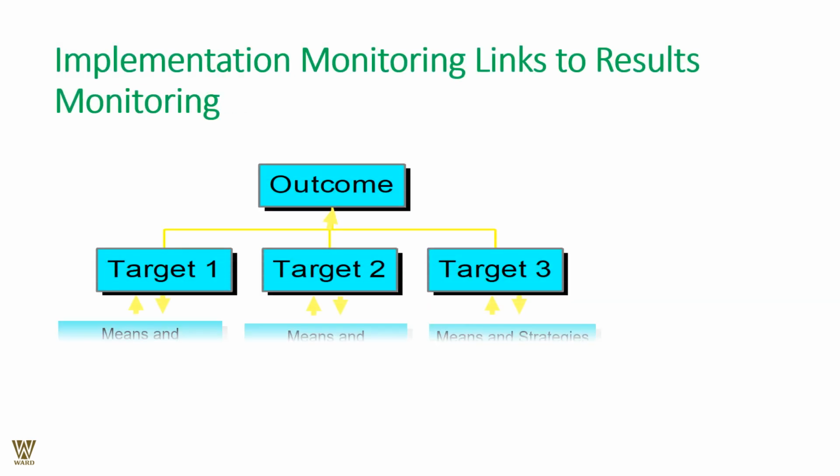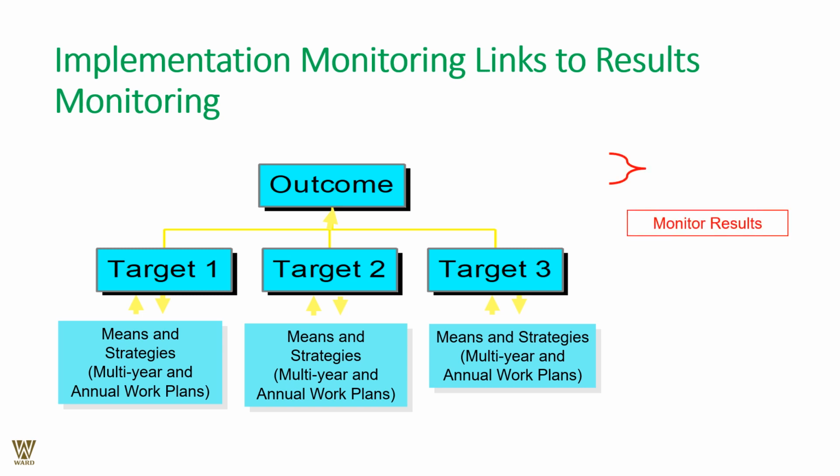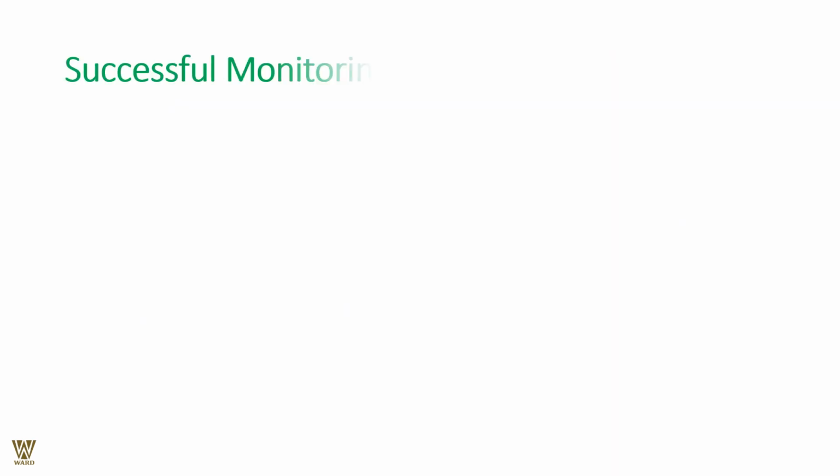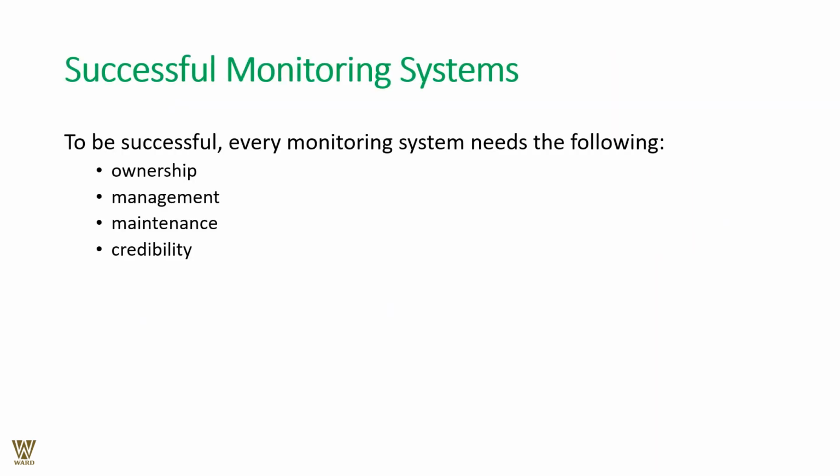So outcomes, how do we go around it? Target one, target two, target three. The means and strategy for multi-year programs, annual work plans, means and strategies for multi-year annual plans of work altogether. Monitoring results, monitoring implementation thereby.